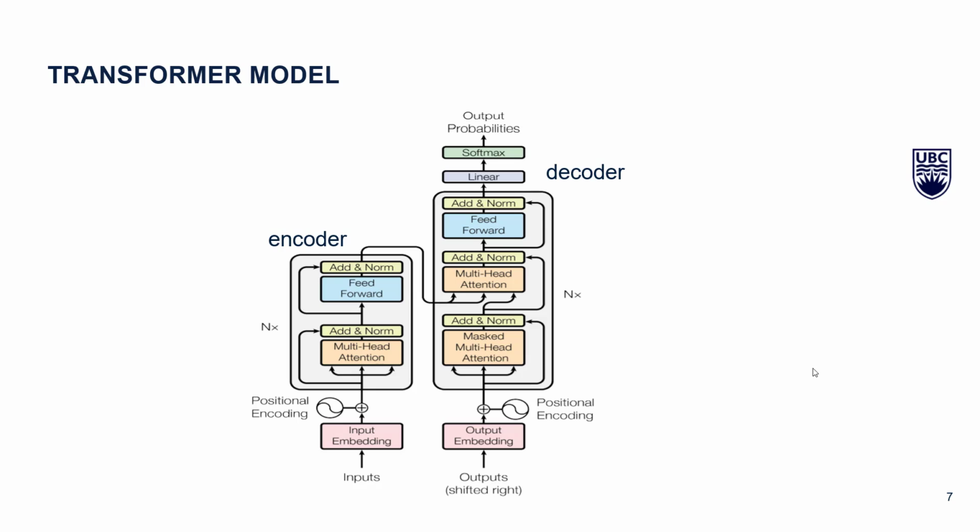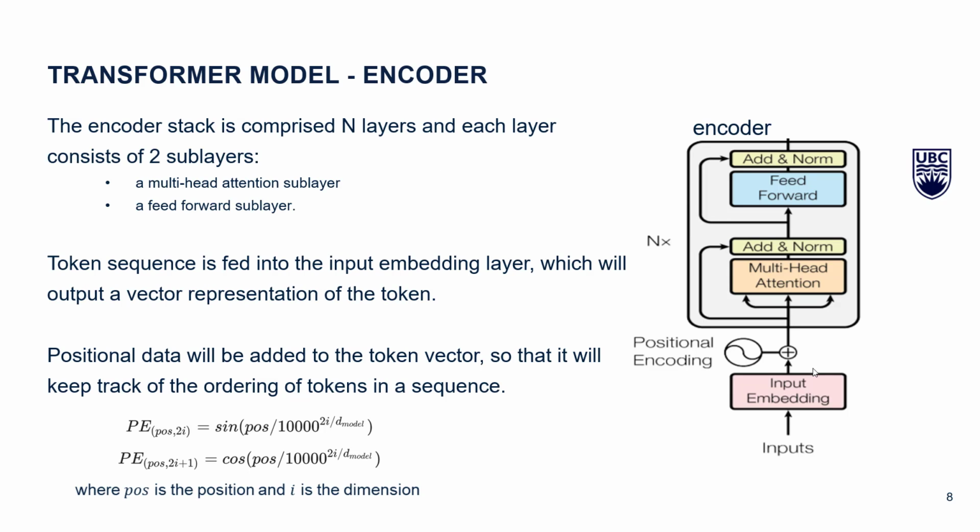A transformer is primarily composed of stacks of encoder and decoder layers. The encoder stack is comprised of n layers, and each layer consists of two sublayers, with a multi-head attention sublayer and a feed-forward sublayer.